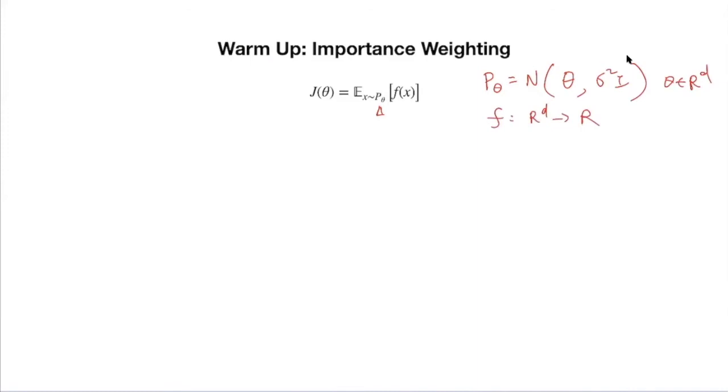So this is slightly different from the usual optimization objective function you will see. Here, I'm parameterizing a distribution. I'm trying to find a distribution such that the expected value of f is maximized or minimized. I'm trying to find the best distribution, such that the expectation of the function value f is optimized.